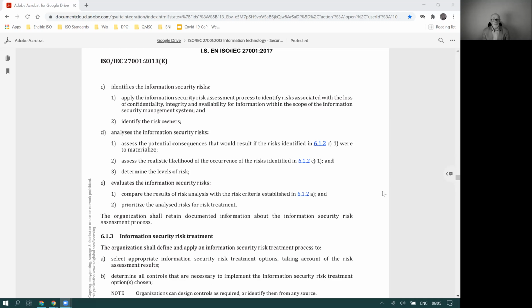Lastly, it just says as a note, the organisation shall retain documented information about the information security risk assessment process. So the documentation we have in our total management system is twofold. Number one, we have that policy document, the organisational risk and business continuity policy statement. And then we have the TMS registers, which has 2 elements for risk.